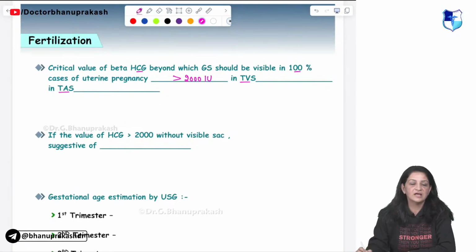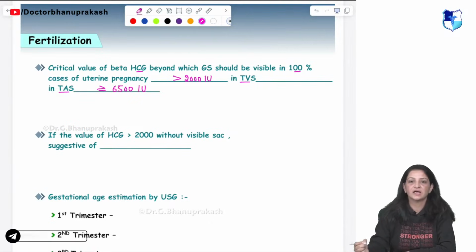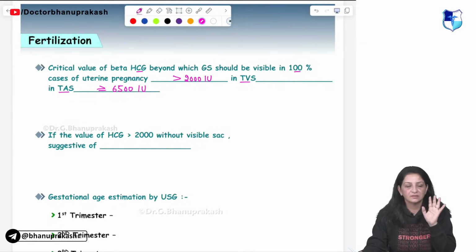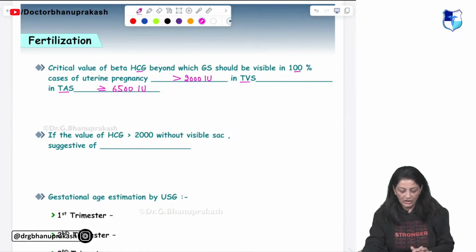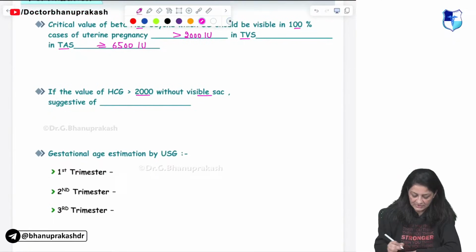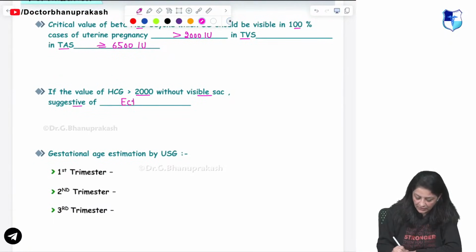In TAS, transabdominal sonography, more than or equal to 6500 international unit. This is the critical value of beta-HCG, meaning we are sure intrauterine pregnancy is present. If the beta-HCG is more than 2000 without a visible sac, it is suggestive of ectopic pregnancy.